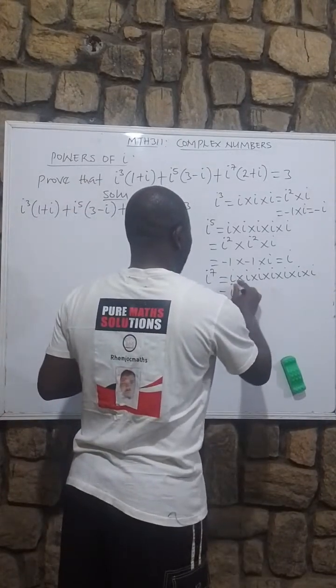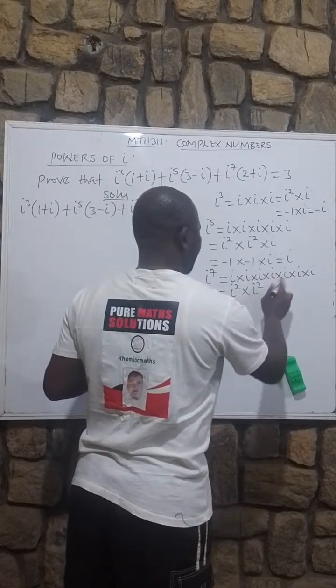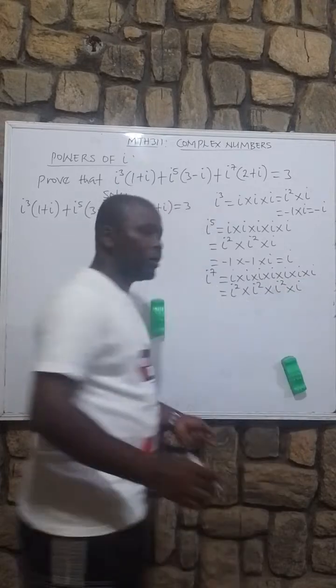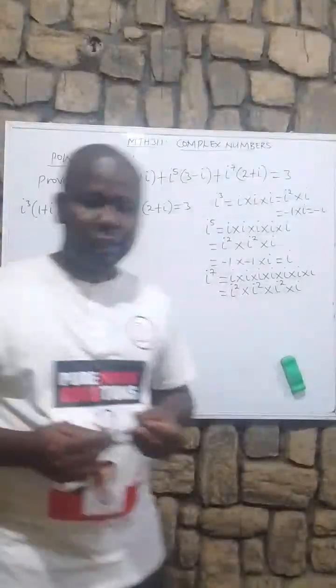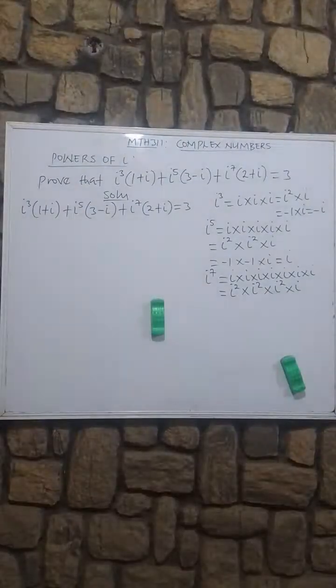This is equal to i squared times i squared times i squared times i. Do you agree with me? We applied indices here. True or false? Hope I'm right. Hope you are following.